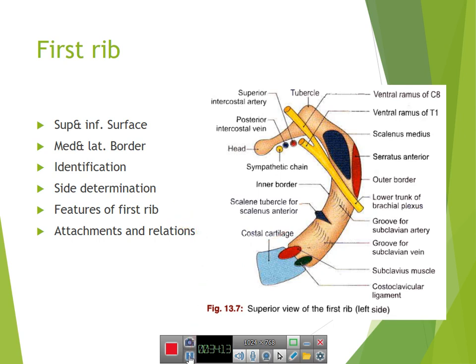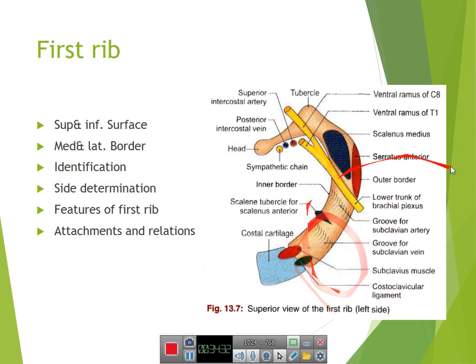So, about features of the first rib, we should keep in mind 3 points: the anterior end of the first rib, the posterior end of the first rib, and the shaft or body of the first rib. Number 1 is the anterior end.